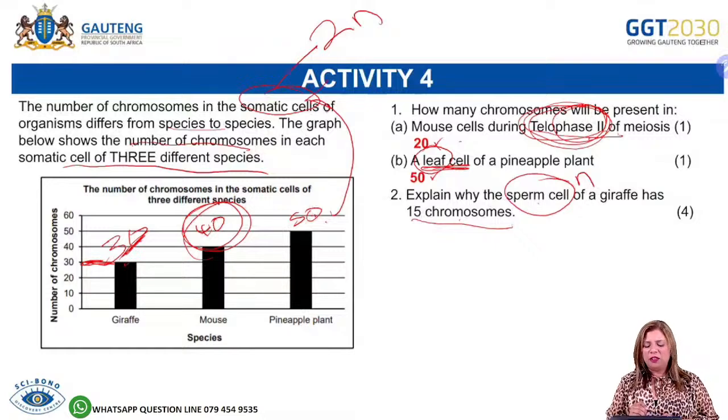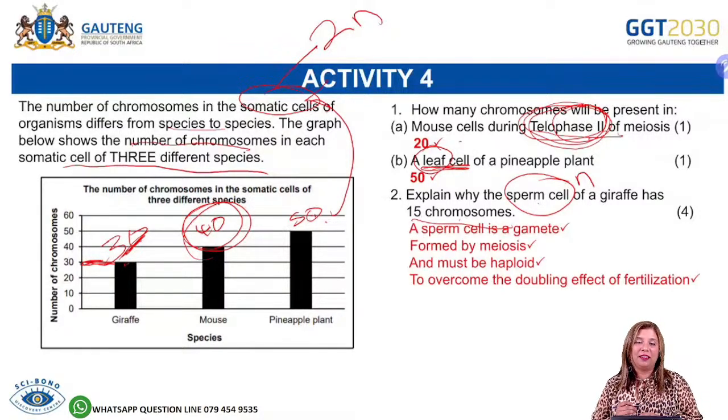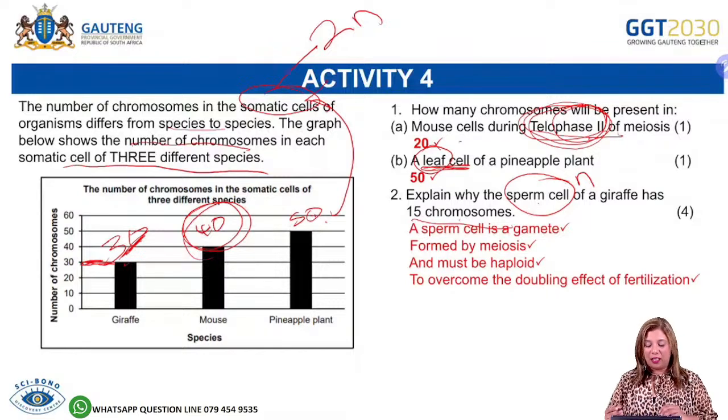So they want to know why. Why? Because the sperm cell, firstly, is haploid and a gamete, so it must have half the number of the total set of chromosomes, and it's also to prevent doubling of chromosomes during the fertilization process. So let's see if they have the same idea that we do.